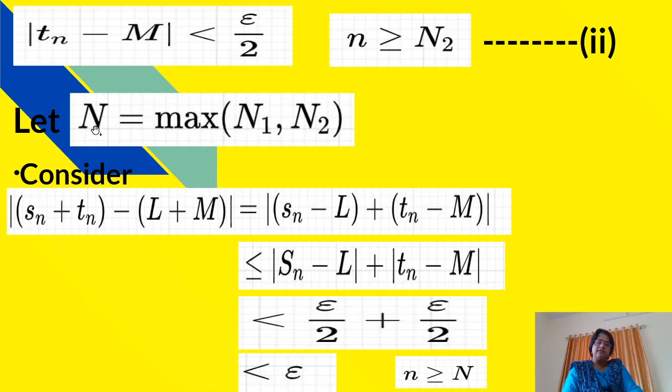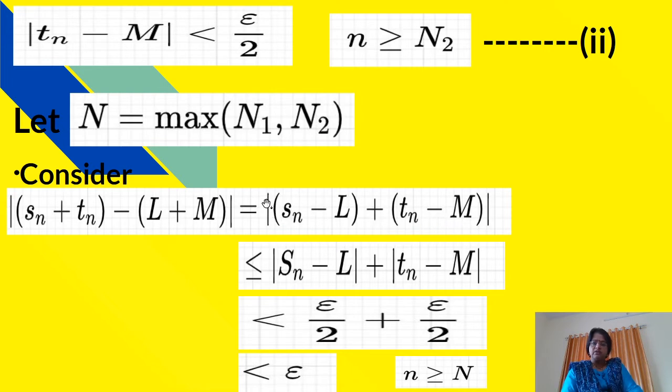Now let N be the maximum of n1 and n2 and consider the expression modulus of Sn plus Tn minus, in the bracket, L plus m. This expression can be written as modulus of Sn minus L plus Tn minus m.